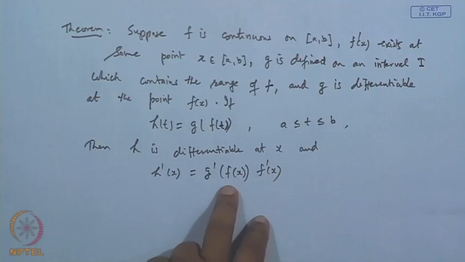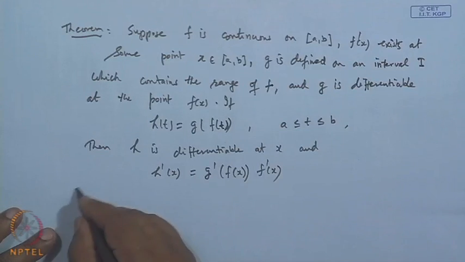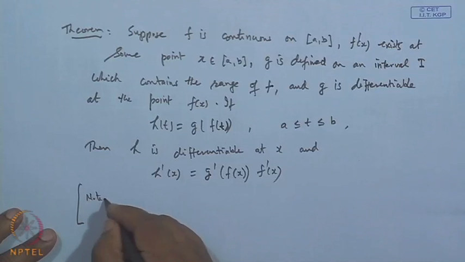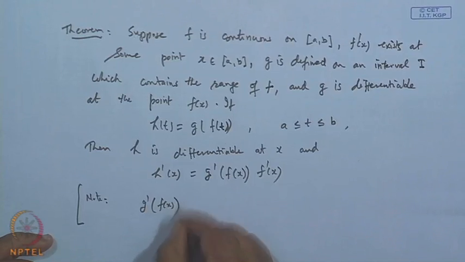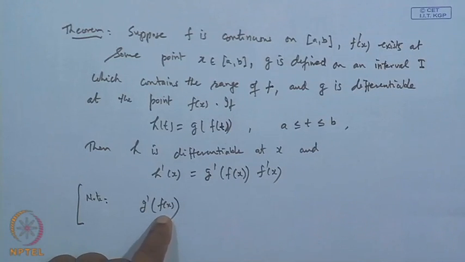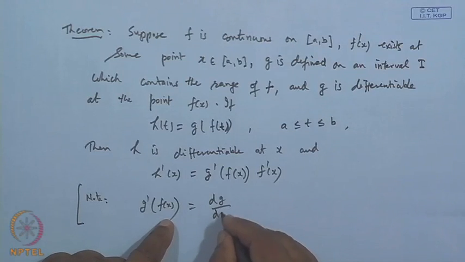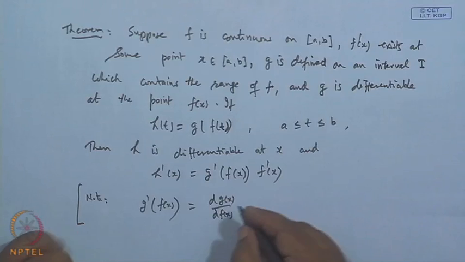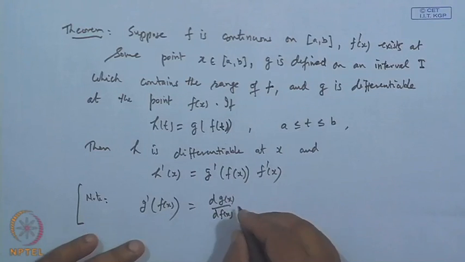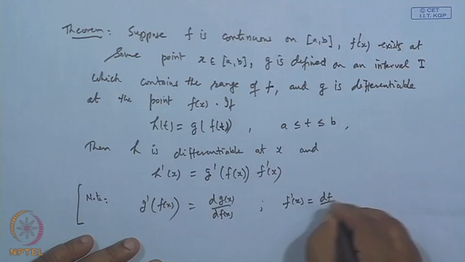Now, remember, here I will just explain. Note: when we say g dash of f(x), it means we are differentiating g with respect to f, and then f with respect to x. And f dash x is df over dx.